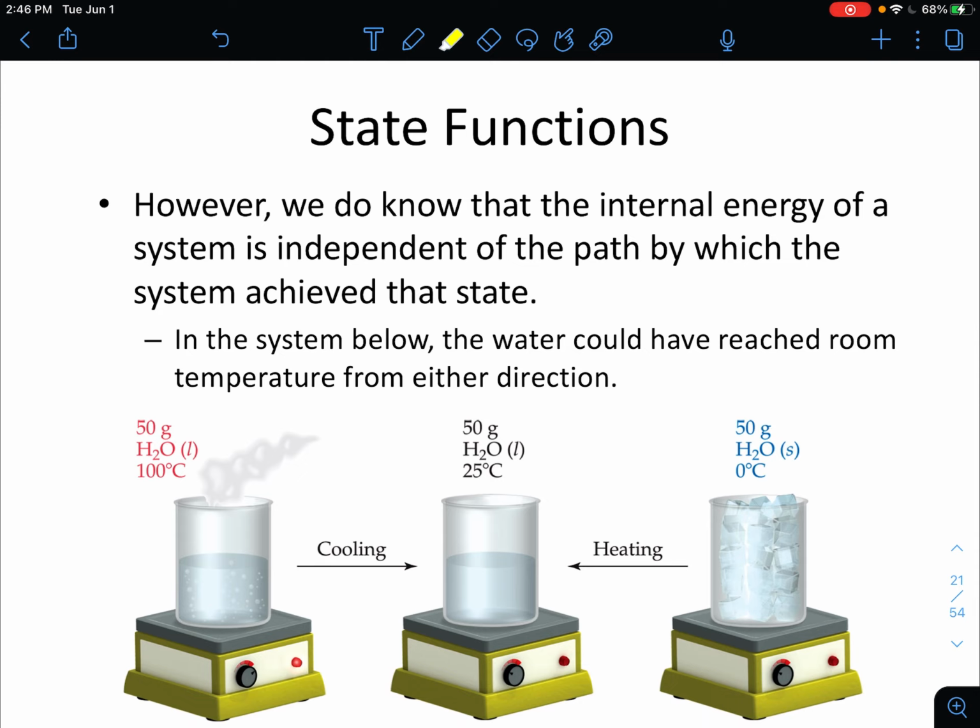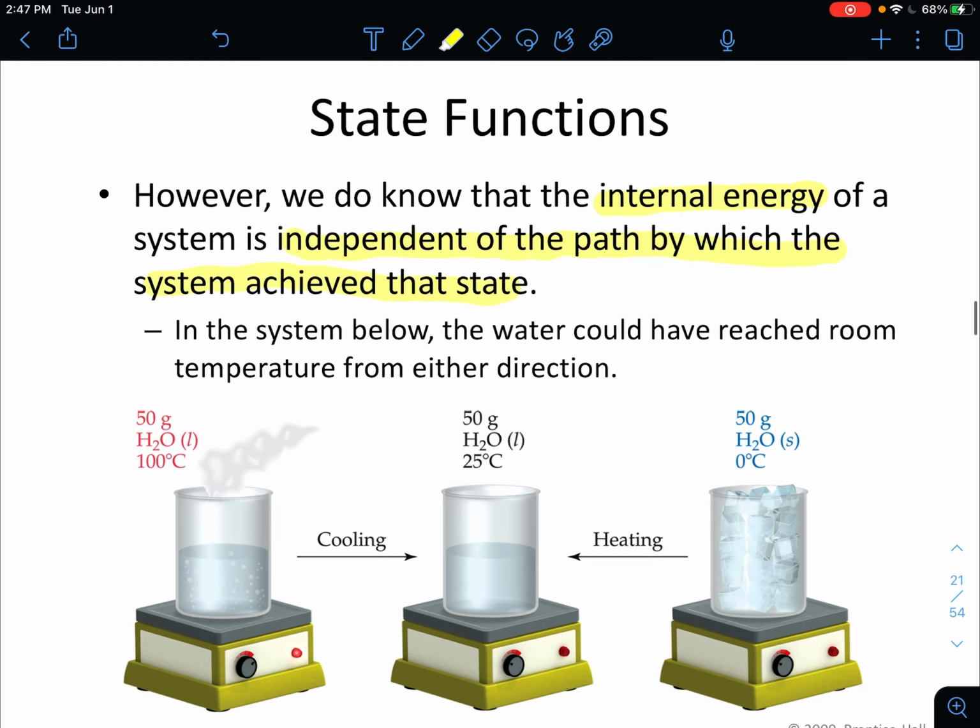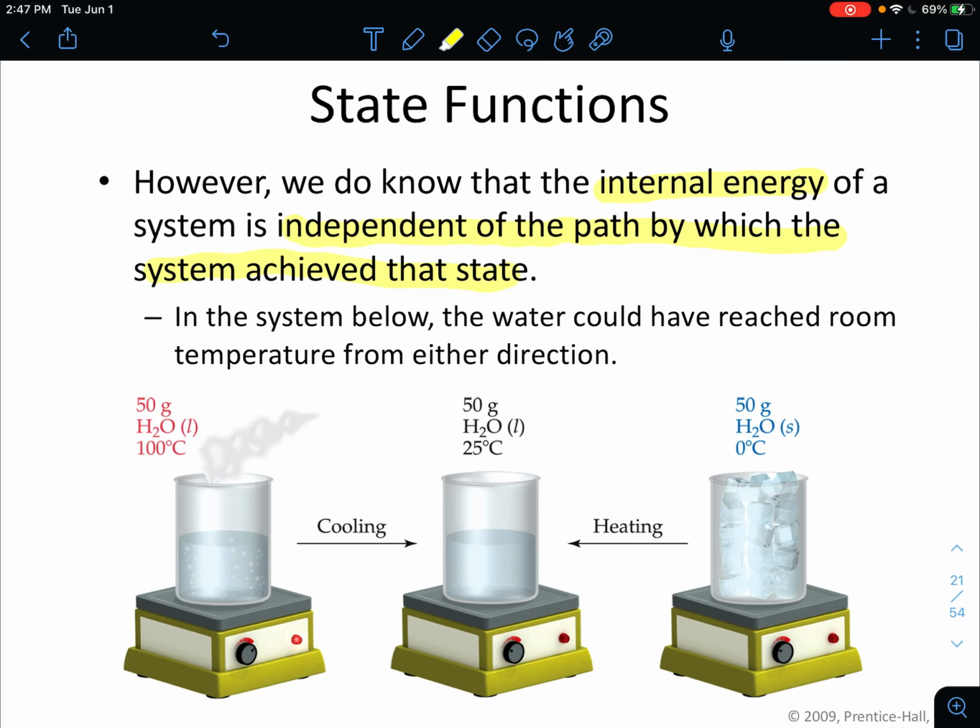So with regard to the internal energy, we would say the internal energy of a system is independent of the path by which the system achieved that state. So going back to this original example, it doesn't matter how our water reached this state. We still understand the internal energy and how to calculate the internal energy.